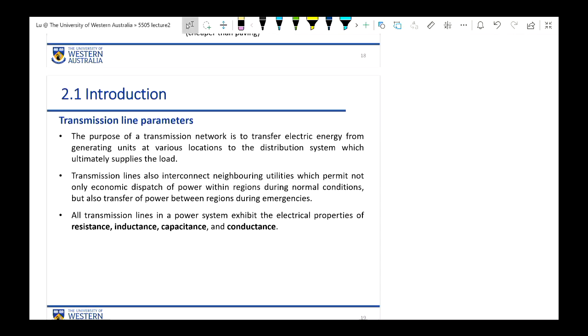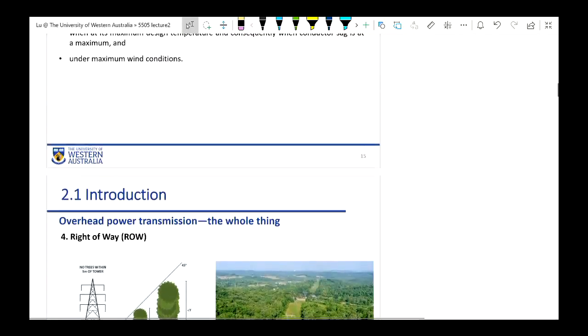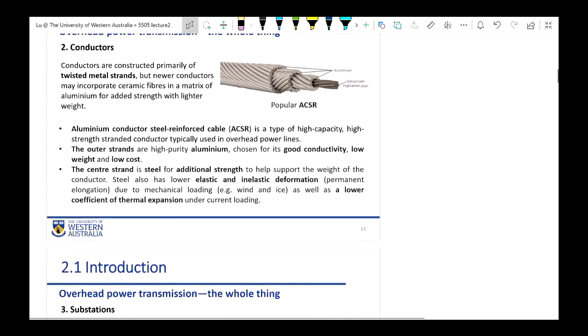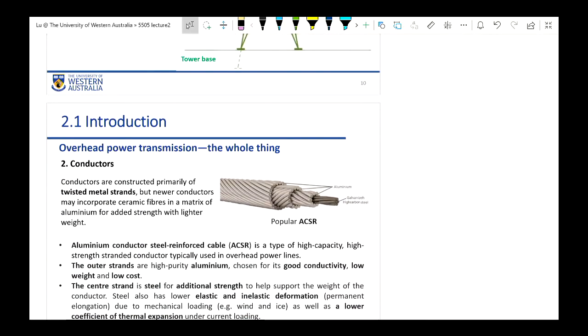Inductance, important. If I'm just using a metal cable to transmit the power, where do we get inductance? The answer is actually given here. Did you notice we mentioned the conductor of the cable is made of twisted metal threads? If you twist a metal thing, you are making an inductor.